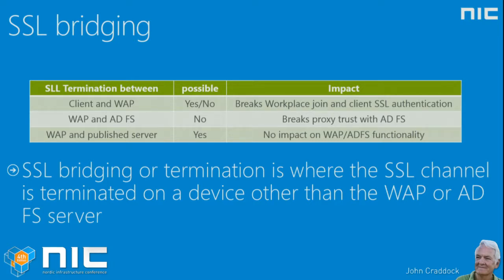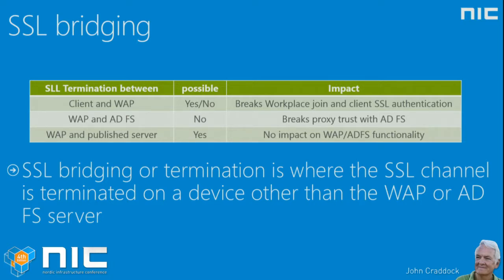That will work except when we're attempting to do a workplace join; if we attempt that, we will not be able to do it. Can we do it between the WAP and the ADFS server? The answer is absolutely not.